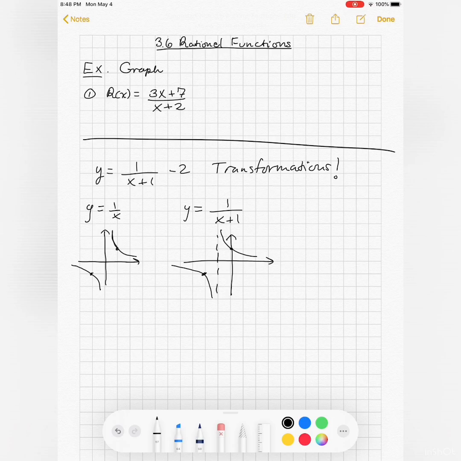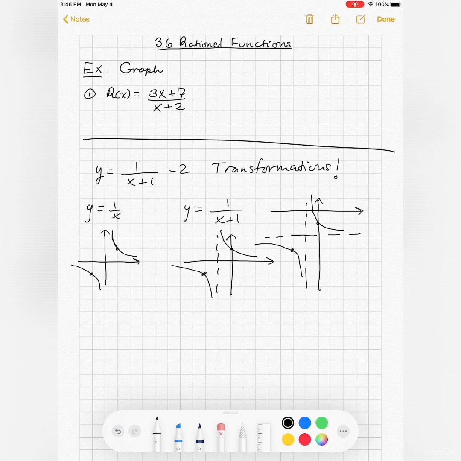And then I would move everything down. Okay, so just a rough sketch.